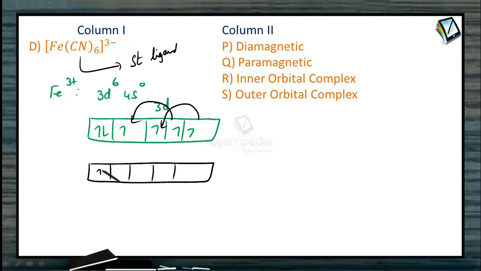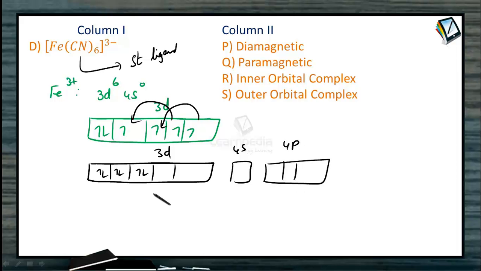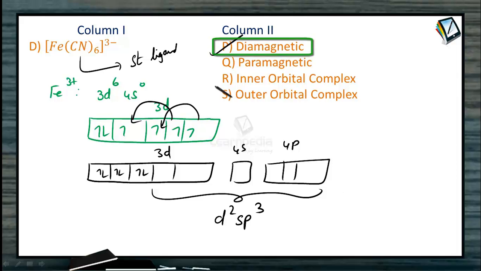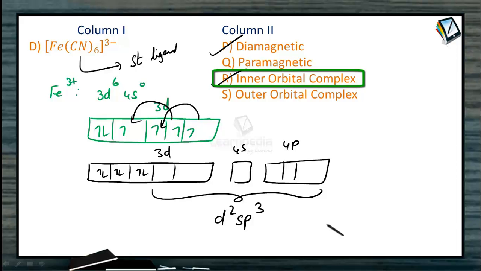So pairing of electrons takes place and there are no unpaired electrons in Fe3+ in presence of these cyanide ligands. And this 4s as well as 4p orbitals are also involved in the bonding. So here d2sp3 hybridization is taking place, and as there are no unpaired electrons, this is also diamagnetic in nature, and as 3d orbitals are involved in bonding, it is inner orbital complex.